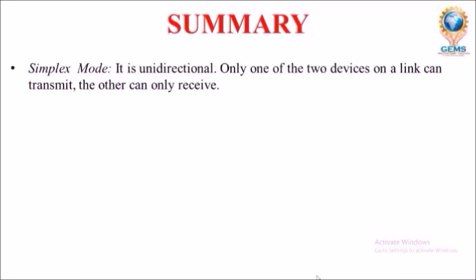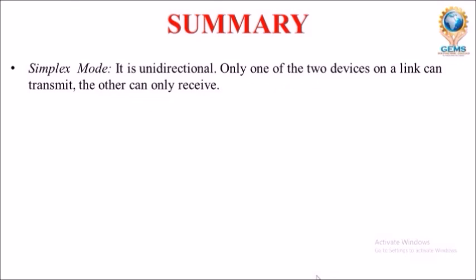So let's see what we have studied up till now. In summary, we can conclude the video lecture this way: transmission mode is what is useful for data communication between two devices, right? And there are three types of transmission mode.